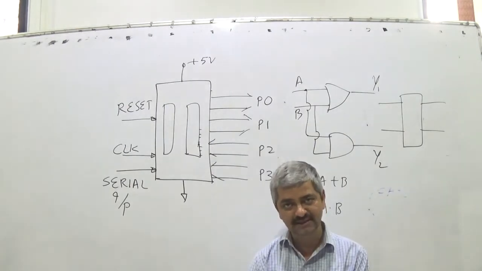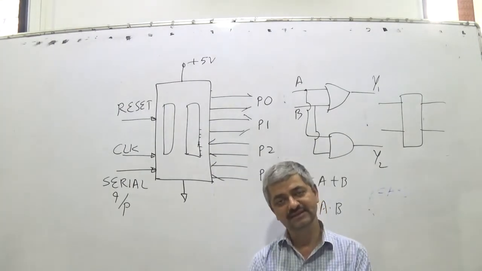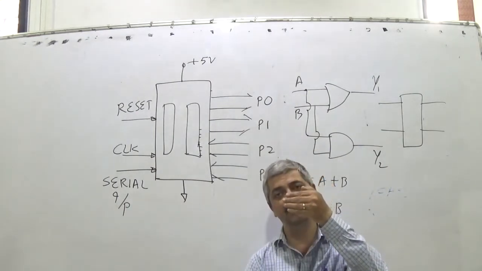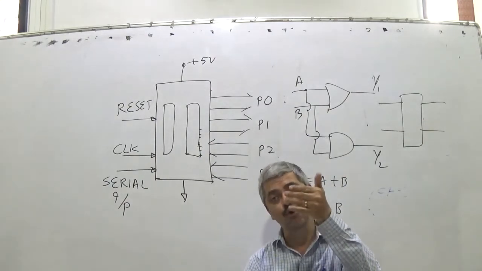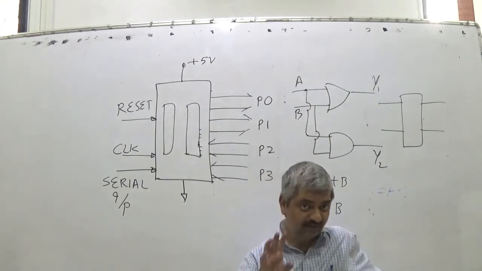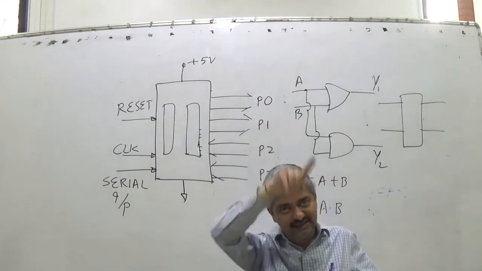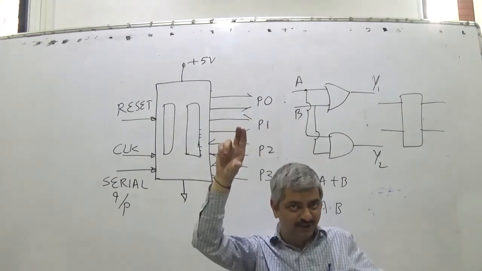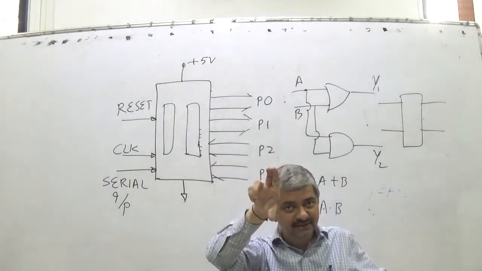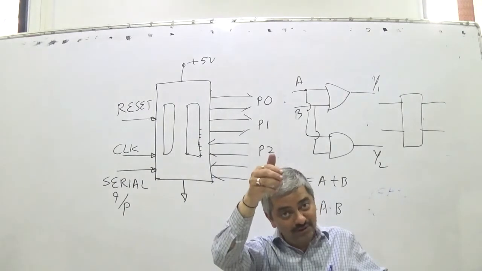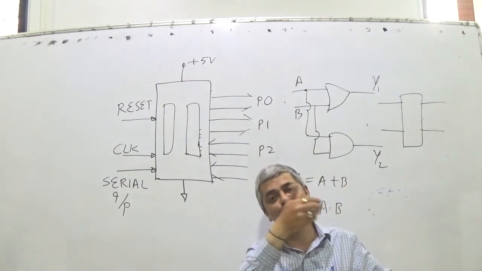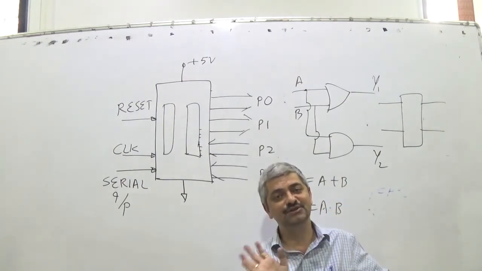Out of this memory, some part is pre-programmed, some part is available for internal calculations, and 4 locations are available for user interface. The single chip contains the microprocessor completely, the memory completely, and 4 locations of memory have come out as 2 input ports and 2 output ports. That's all.